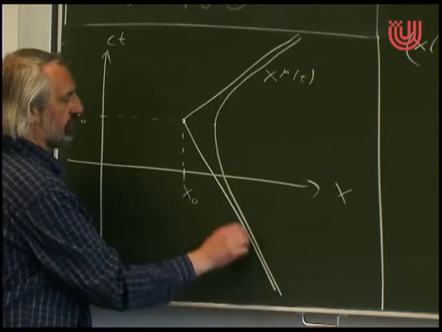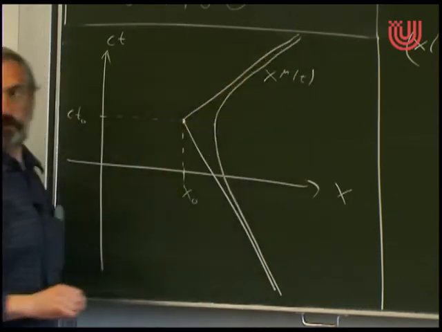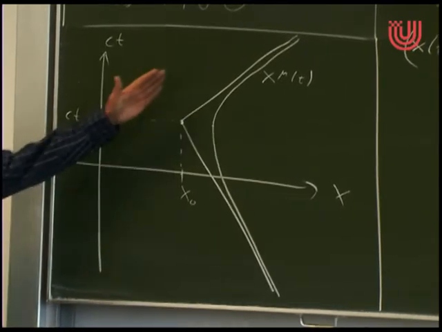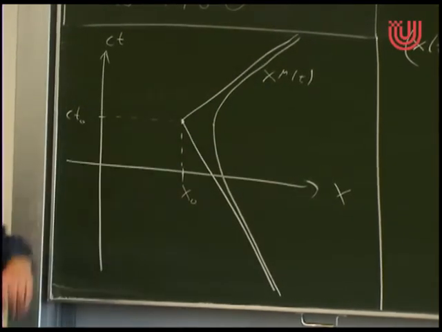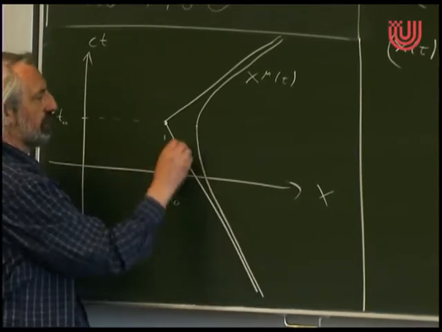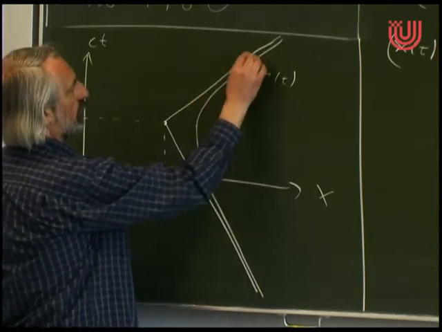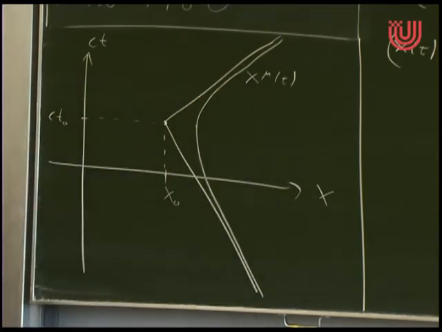It becomes very narrow to the light cone. So the common feature is that it's always asymptotic to the light cone, but how fast it approaches the light cone depends on the A. The bigger the A, the closer it will come to the light cone here.